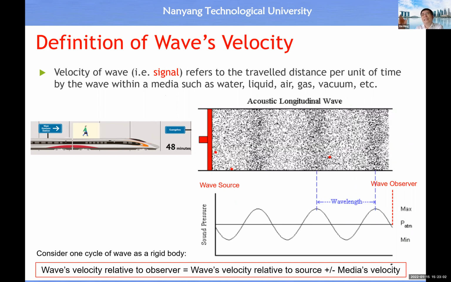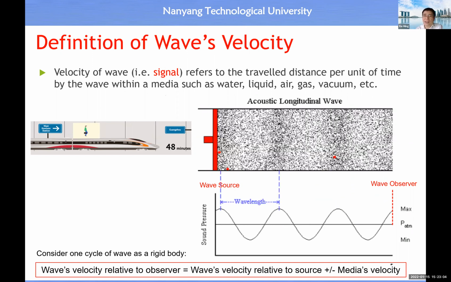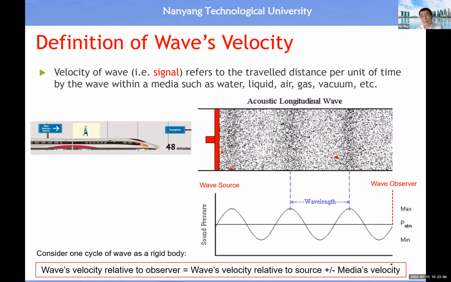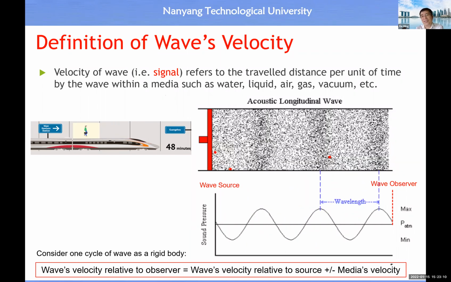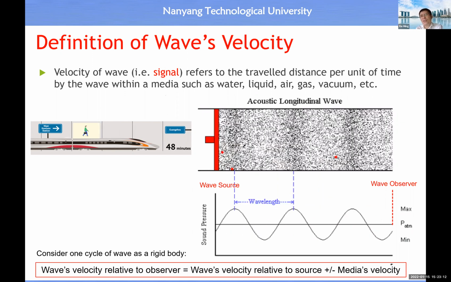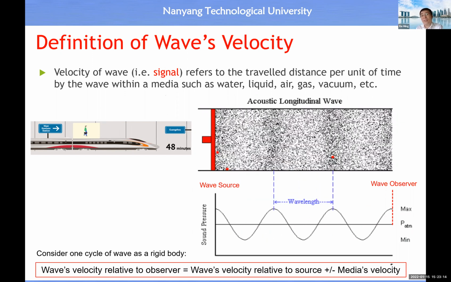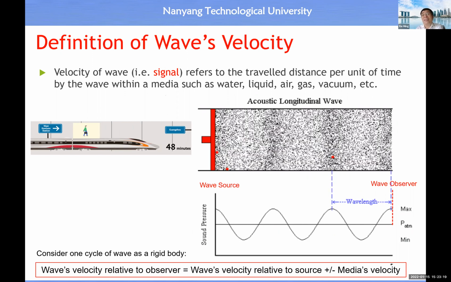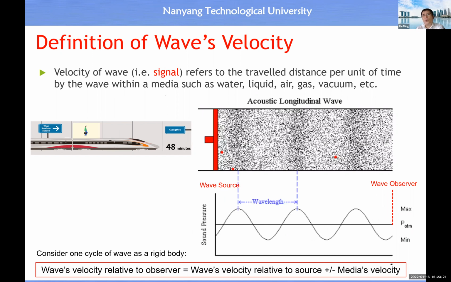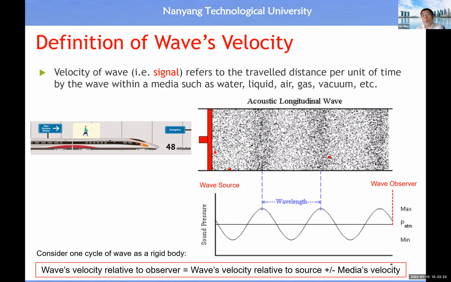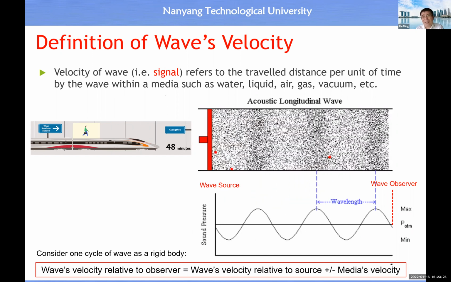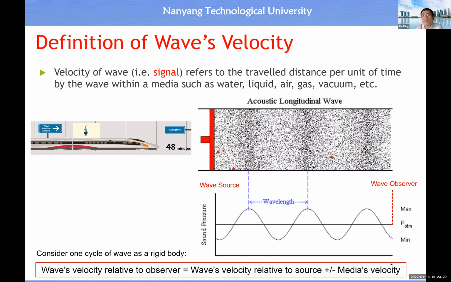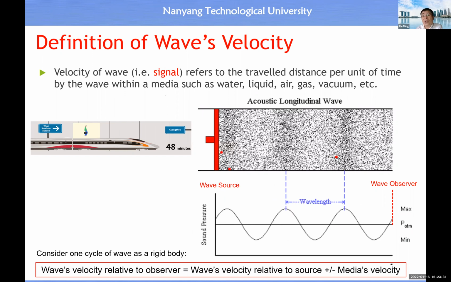For example, when we use a wave generator, we can control the parameters, right? An acoustic signal travels in air at more or less 340 meters per second, and in water at about 1,500 meters per second. So we know the wave's velocity relative to the source.